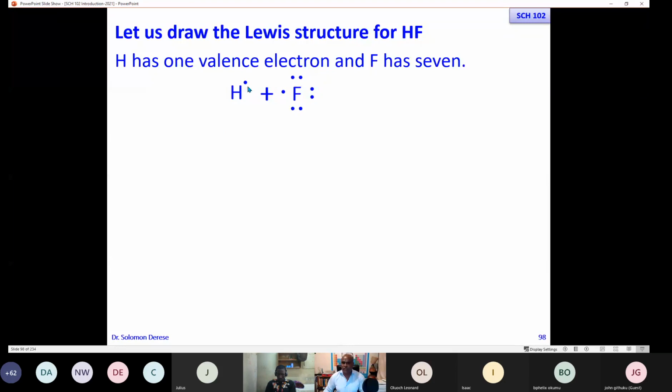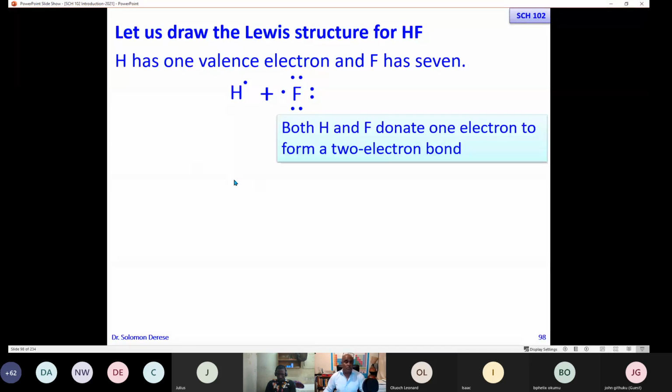To form a covalent bond, hydrogen will bring 1 electron, fluorine will bring 1 electron, and then those electrons will be used to form a bond between the hydrogen and fluorine. When you look at this, you will see these 2 electrons, the ones shown in blue, are the electrons that are shared between the hydrogen and fluorine.